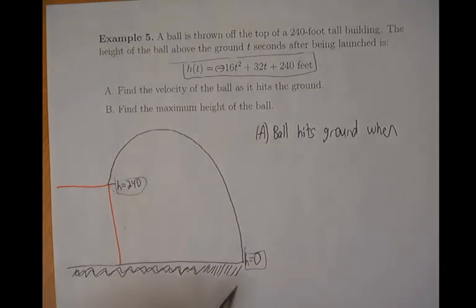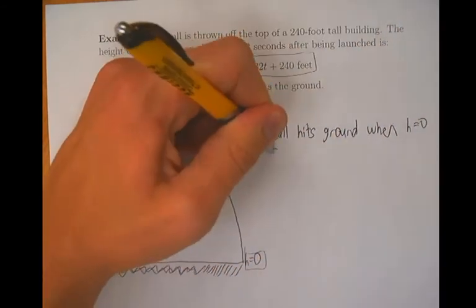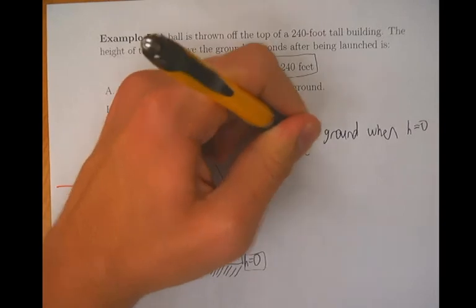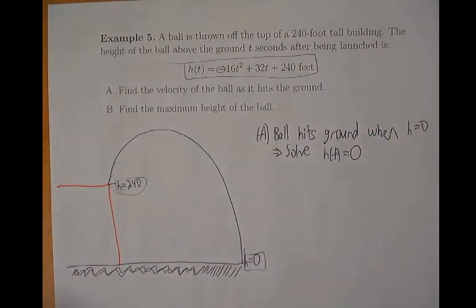Based off of that, the ball hits the ground when h equals 0. So what should that tell us about what we need to solve for here? We need to solve h of t equals 0, right? That will give us the precise time that the ball hits the ground. Okay?